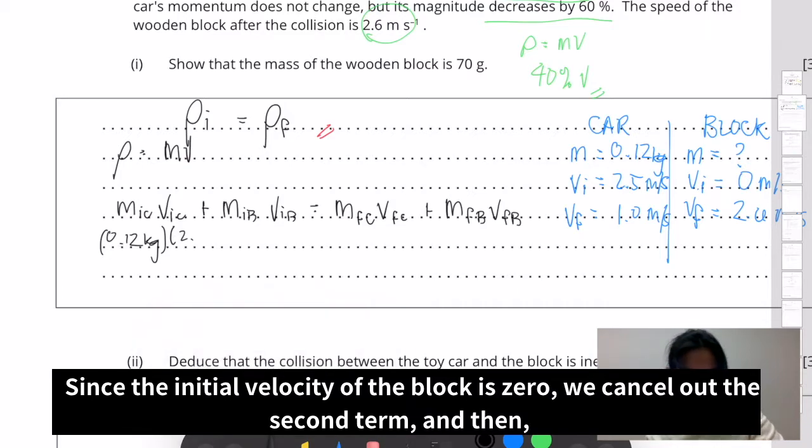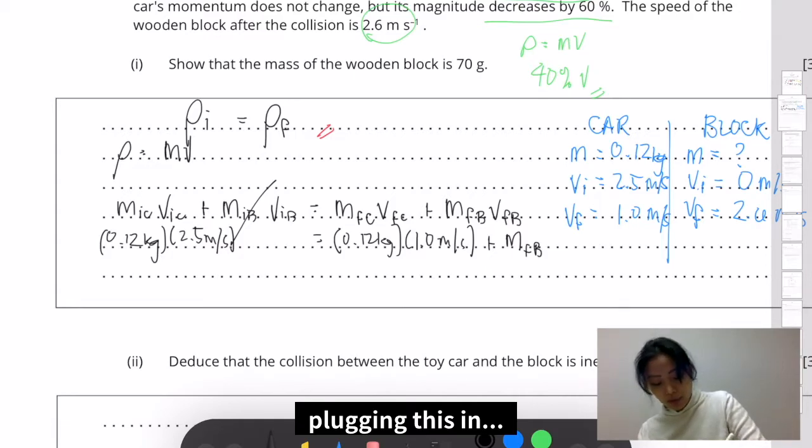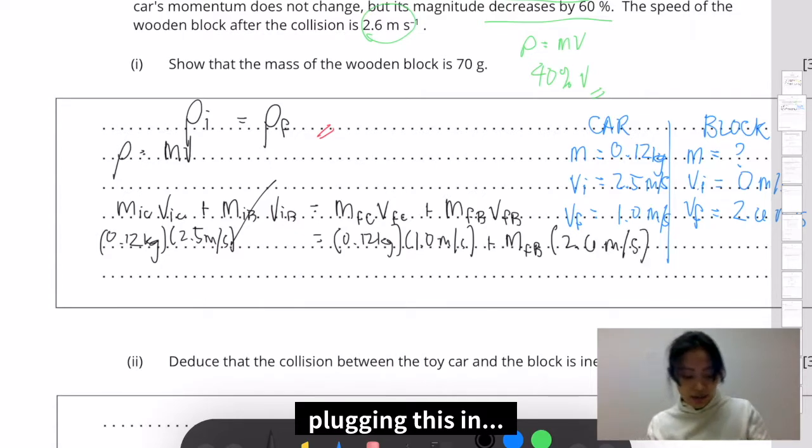And then plugging this in, we have 0.12 kilograms times 1 meter per second plus the final mass of the block, which is something that we don't know, times the final velocity of the block, which would be 2.6 meters per second.